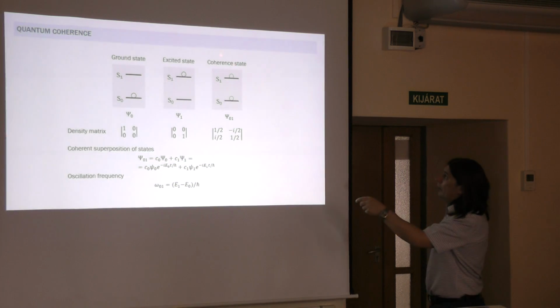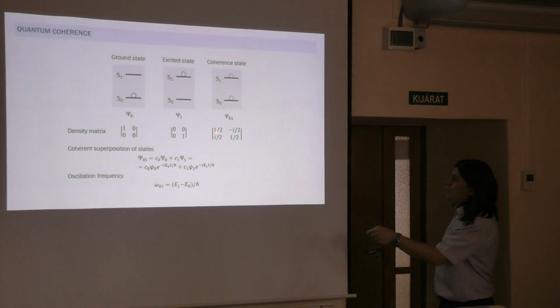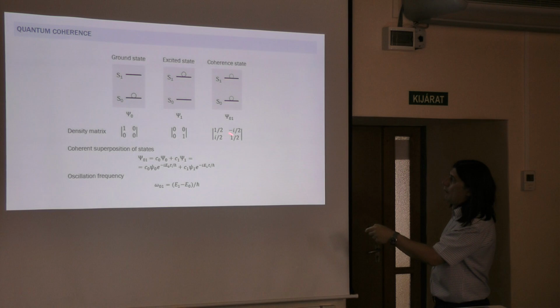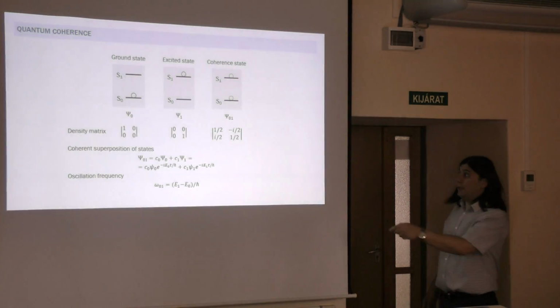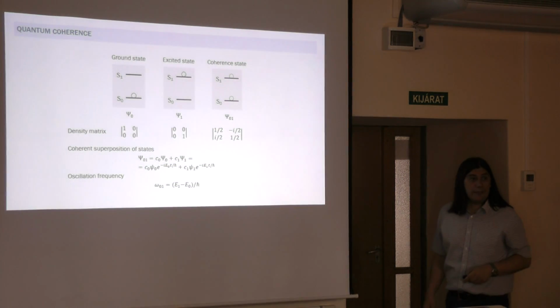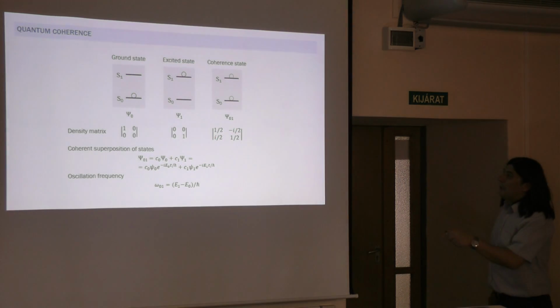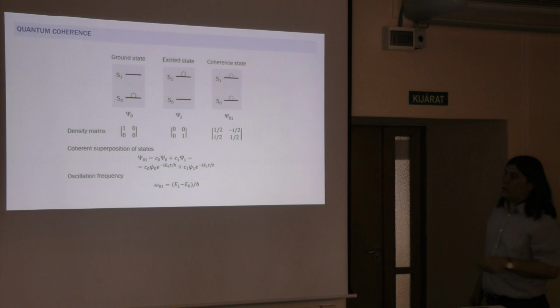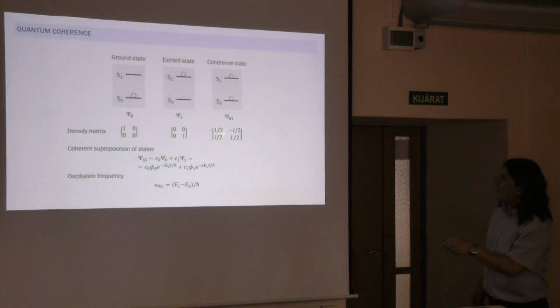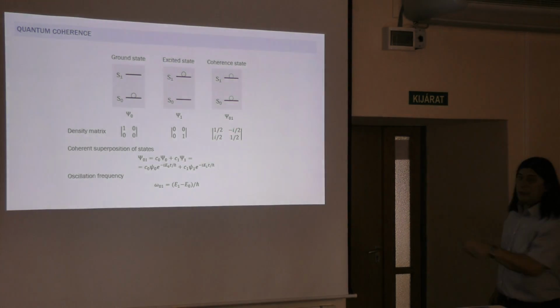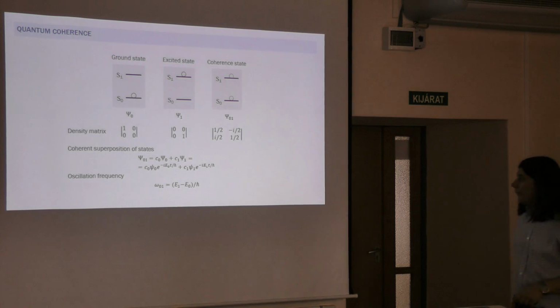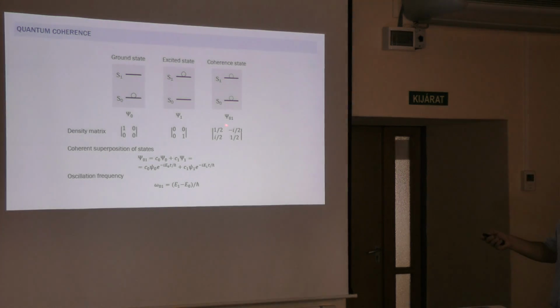And in the superposition state, we have, let's say in this case, equal probability that the system is in either the ground or the excited state. And then we have these off-diagonal elements, and these elements signify the coherence. This couples the two states.